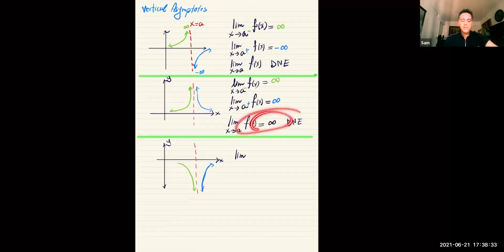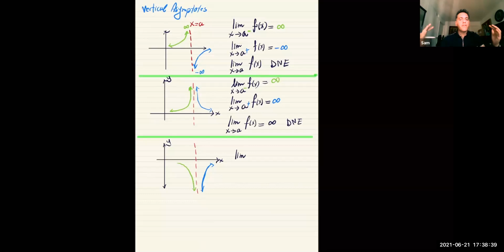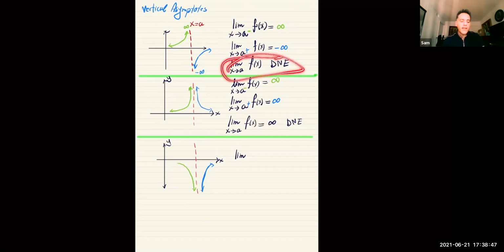This is just being more specific in saying that when you are getting close to a from either side, the function goes up to infinity, but this doesn't mean that the limit exists. Here again, I can't say this is equal to infinity or negative infinity because we're getting two different infinities.